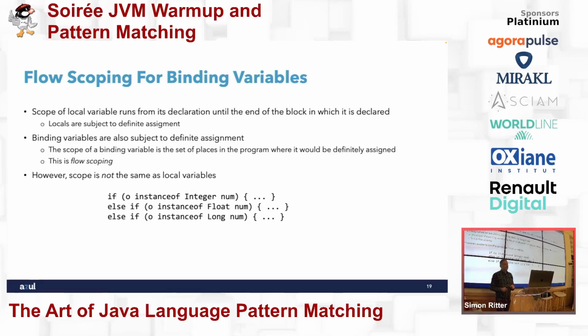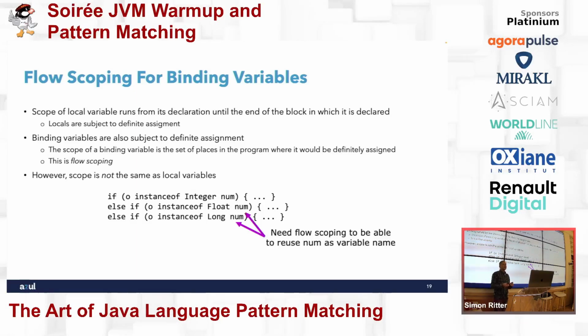We can do something like this. We can say if obj instanceof Integer, so that's our predicate, and then give it a variable which is called num. But then we can also have an else if obj instanceof Float, and then we can reuse num as the variable, and we can reuse it again if we have a Long.